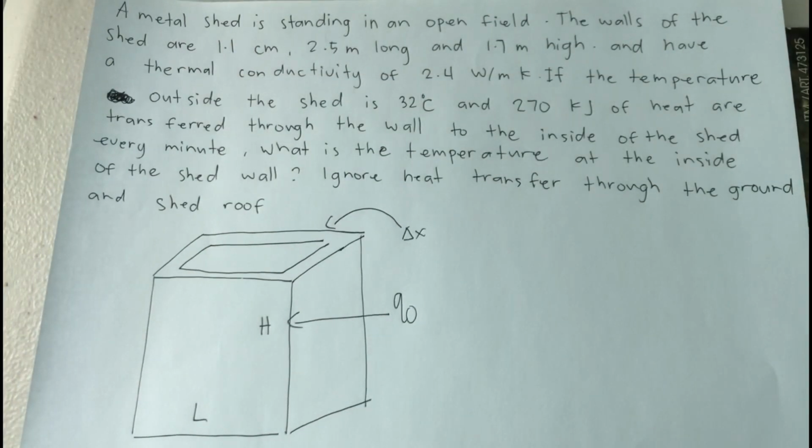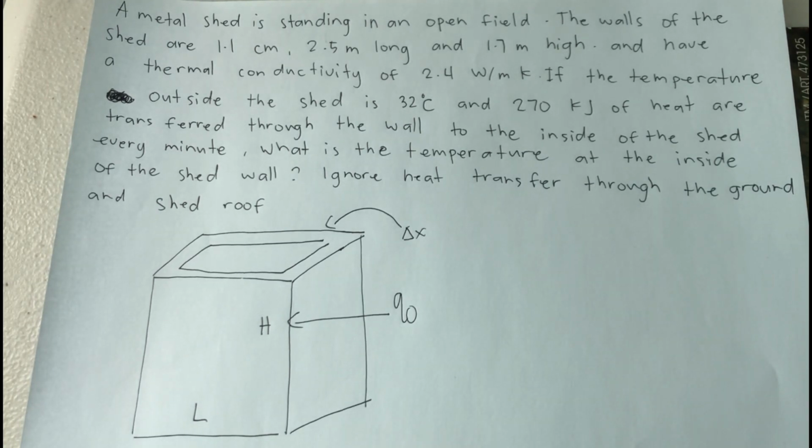So that's our shed. We know the outside temperature is 32 degrees, but we don't know which way the heat's going. We don't know if the inside of the shed is warm or cold until we look and see that 270 kilojoules of heat are transferred through the wall to the inside.